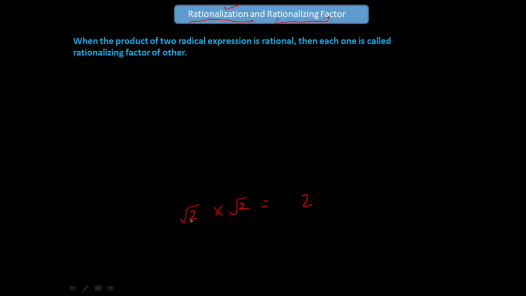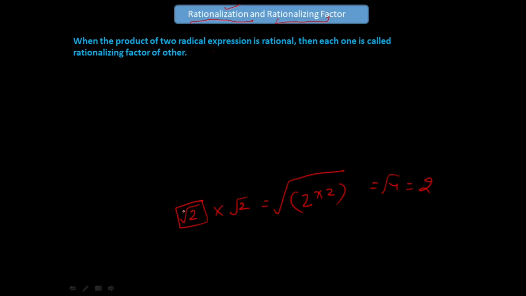I use the law of exponents because this 2 becomes like this way. This is under root 4, that is nothing but 2 only. This was an irrational number.